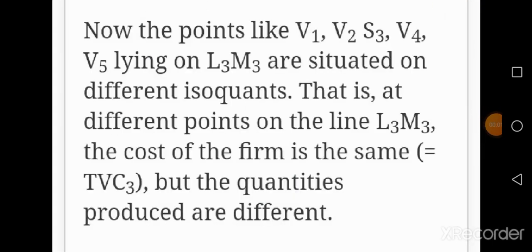In this graph, the points like V1, V2, S3, V4, V5 lying on L3, M3 are situated on different isoquants, that is, at different points on the line L3, M3. The cost of the firm is the same, equal to TVC3, but the quantities produced are different. This is observed in the graph.